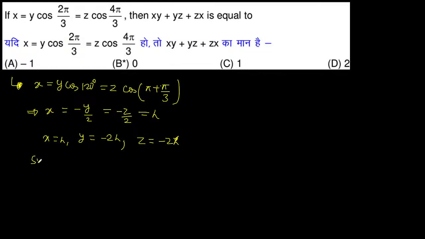So if we come here, xy plus yz plus zx: x into y is minus 2 lambda square, y into z is plus 4 lambda square, and z into x is minus 2 lambda square, which is equal to 0.